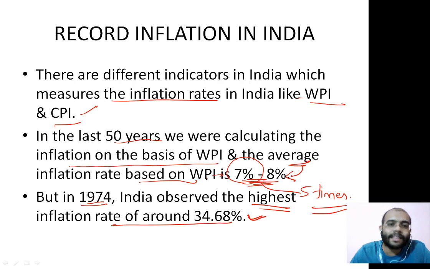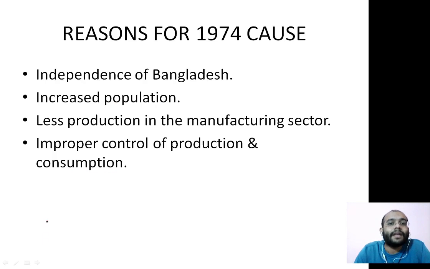So what are the reasons behind it? What are the reasons that induced almost 5 times the inflation in the market? Why did it happen? Reasons for the 1974 record inflation. Liberation of Bangladesh: independence of Bangladesh, the erstwhile East Pakistan, from the erstwhile West Pakistan or present-day Pakistan.